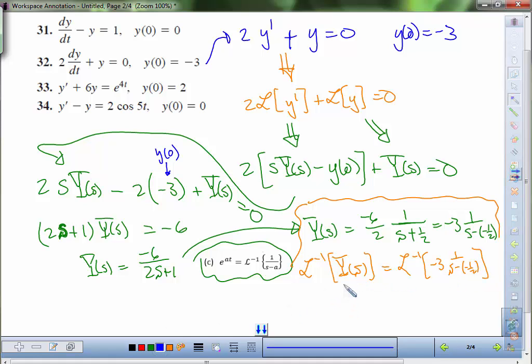Then our real world answer would be little y. Now we're in t again. This is going to be a negative 3 constant, and then 1 over s minus a is going to be e to the negative at. So this is e to the negative 1/2 t.